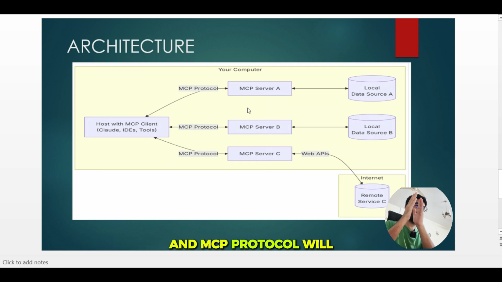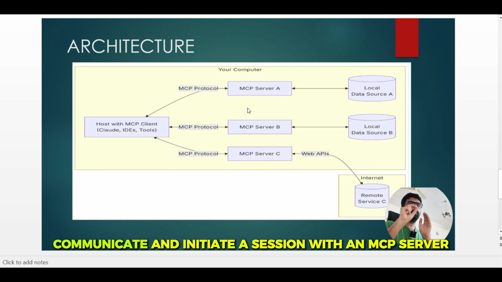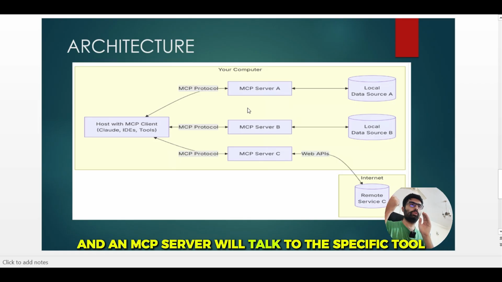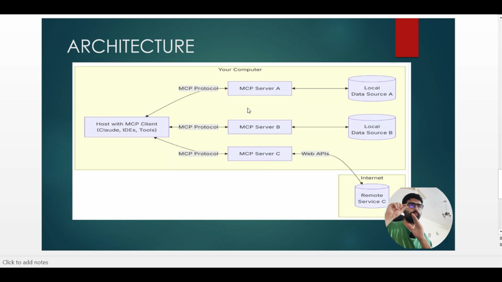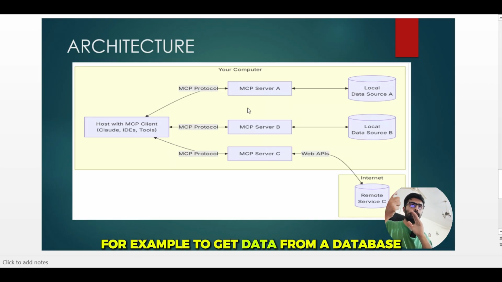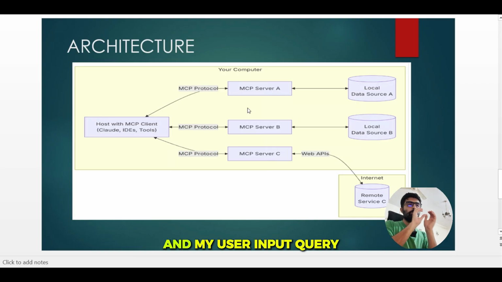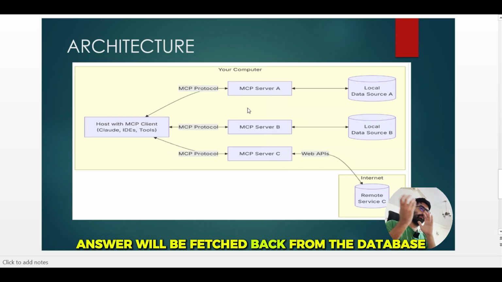The MCP protocol will communicate and initiate a session with the MCP server, and the MCP server will talk to the specific tool, for example, to get data from a database, and my user input query will pass through the MCP protocol, and in this way, a specific answer will be fetched back from the database.